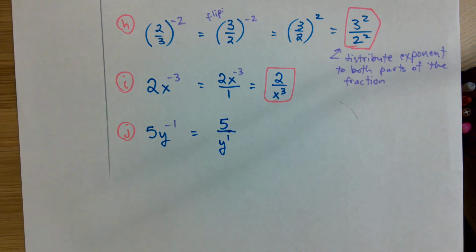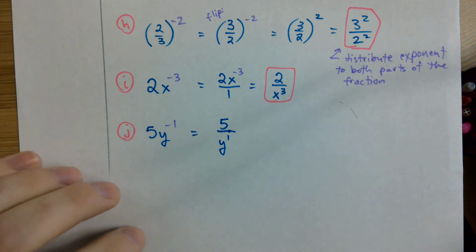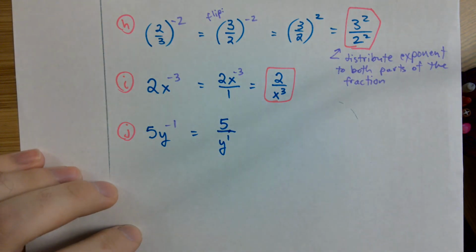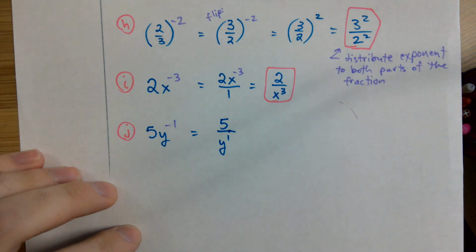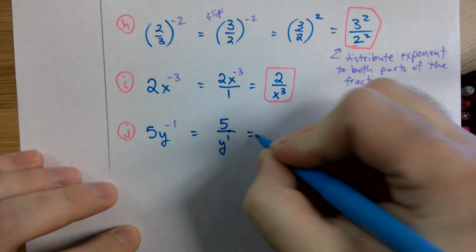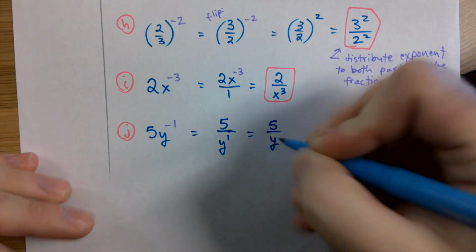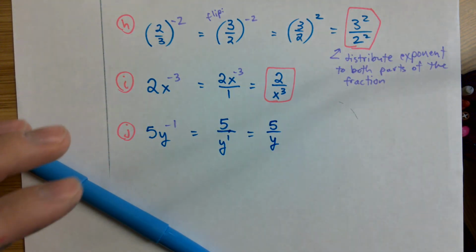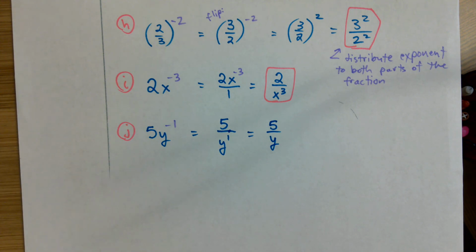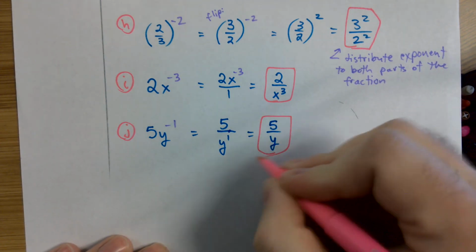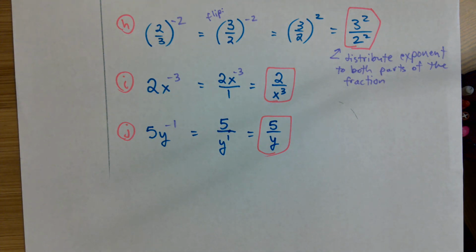We bring that y to the negative 1 down, and when we do that, it makes our exponent positive. Y to the first power, well, that's just the same thing as y, right? So we can write this as 5 over y. Thank you, Dominic. We don't need to write to the first power. And that's our answer. 5 over y.